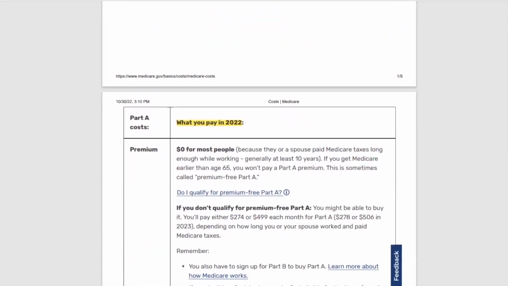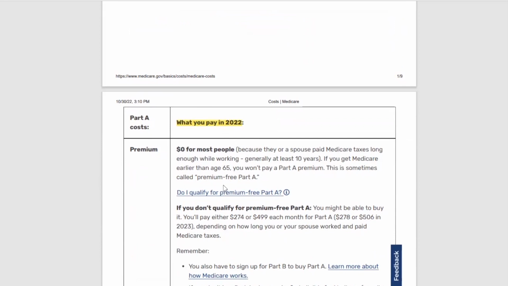Okay, so for Medicare Part A, here is your cost, and we're going to talk about 2023 costs, okay? It says 2022, but it does have the 2023 updated cost, and I highlighted that so that way you guys can see.